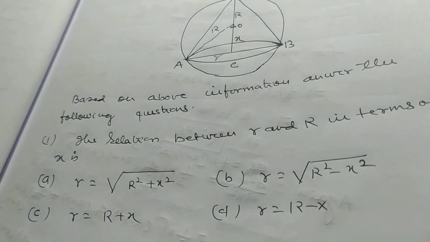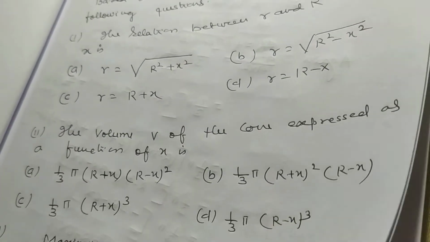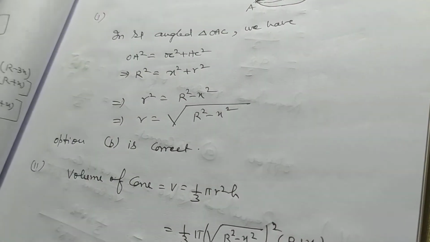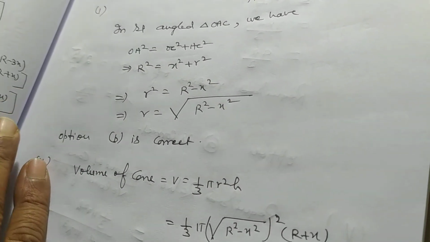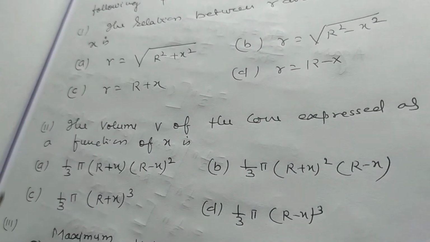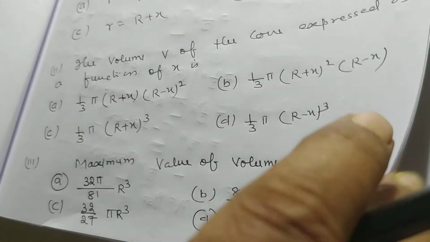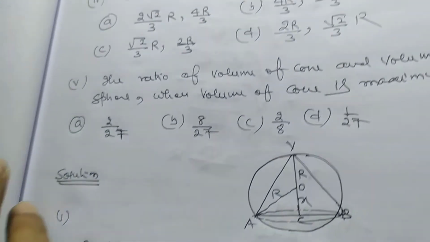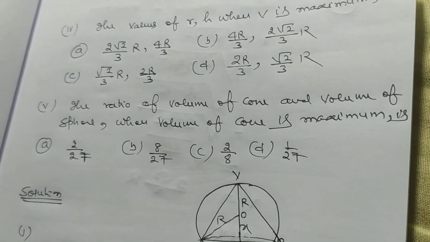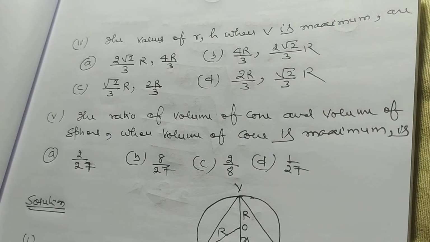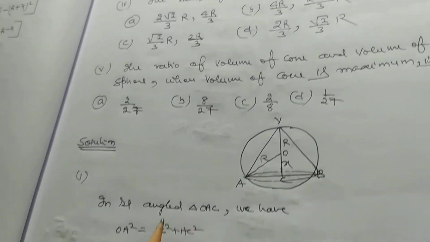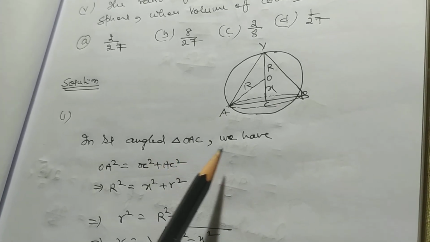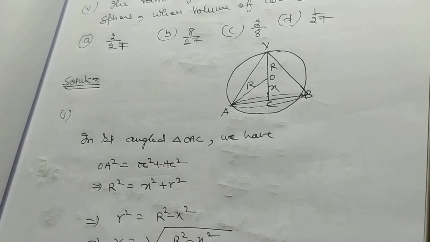So here, how many options are there? You can observe that there are 5 sub-problems.